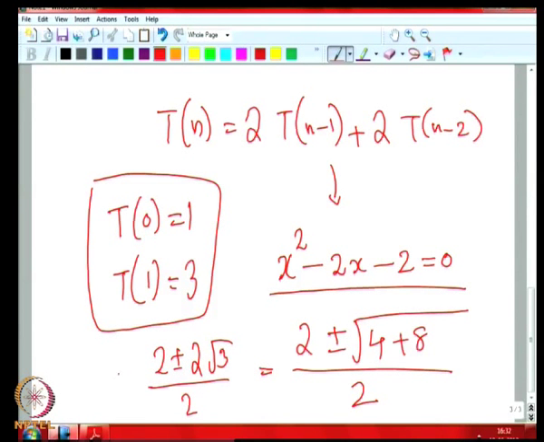So we end up getting two solutions here. The one is 1 plus root 3, and the other is 1 minus root 3. These are the possible values that we can give for Q. You remember from the last class, we were calling Q the possible solutions.